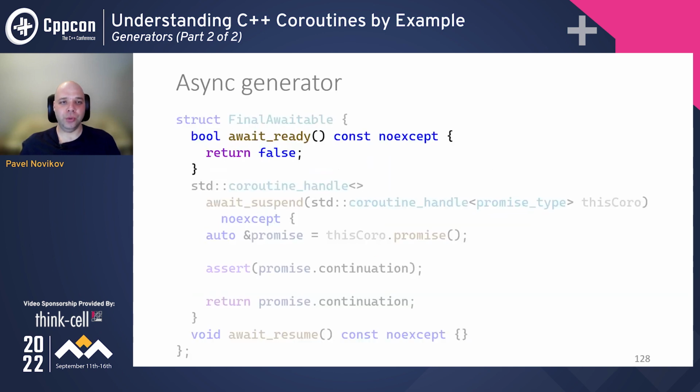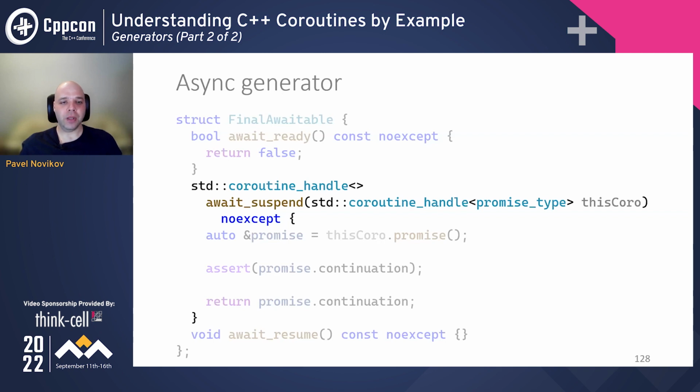We need to return this custom final awaitable because we need to, apart from telling to always suspend at final suspend point, resume the continuation that we set by awaiting on next awaitable.